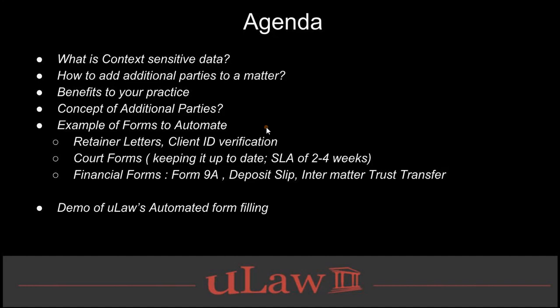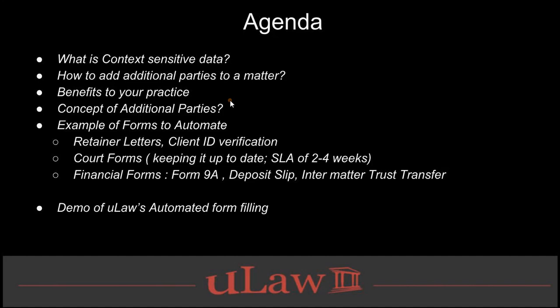Likewise, if you have an applicant, is that an applicant specific to this family law matter? Or if you have a contact who's an opposing party, is he or she a landlord, a tenant? What is the context of that individual with regards to a file?